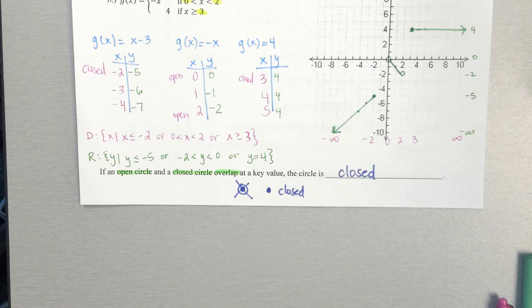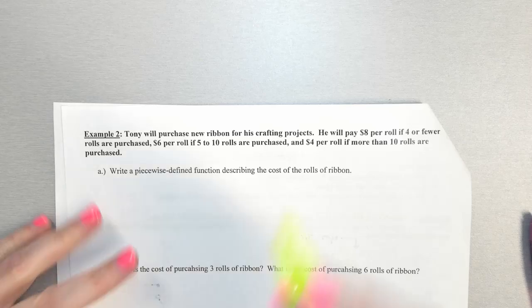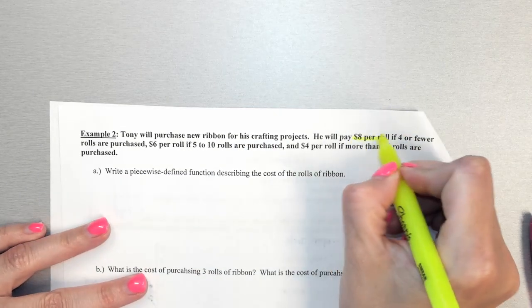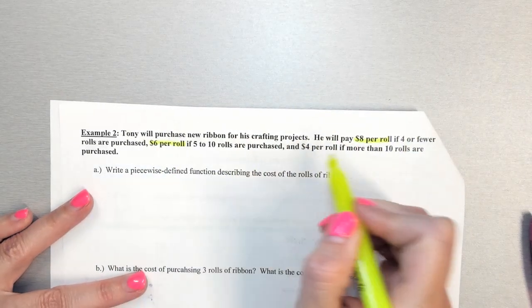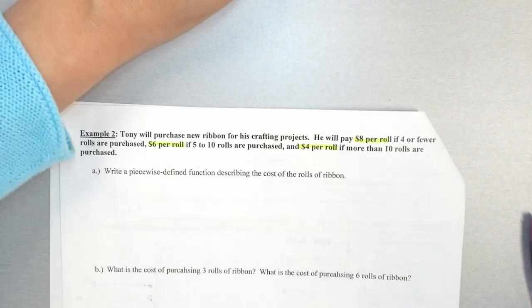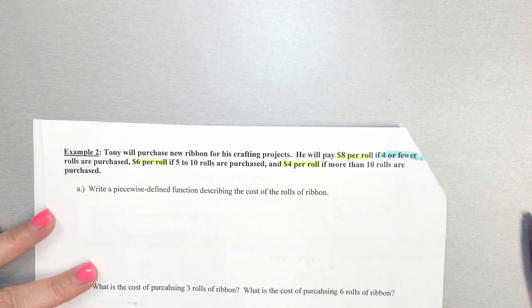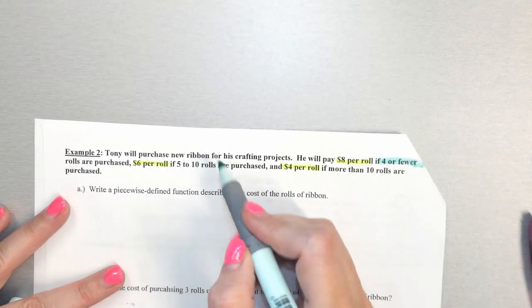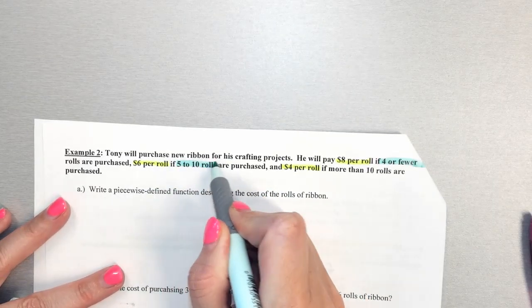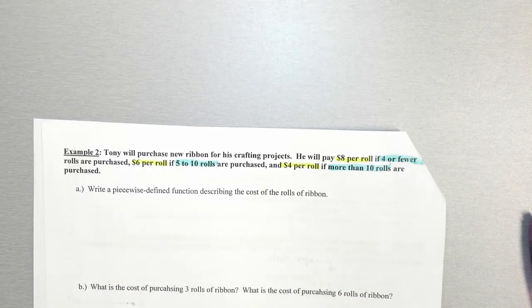All right, so in example 2, Tony is buying some ribbon, and I hope we highlighted the prices. Okay, so $8 per roll, $6 per roll, $4 per roll, and then they gave you the conditions, right? So if it's 4 or fewer, that's when it's $8, or $6 if 5 to 10 are purchased. And then if more than 10, it's going to be $4.